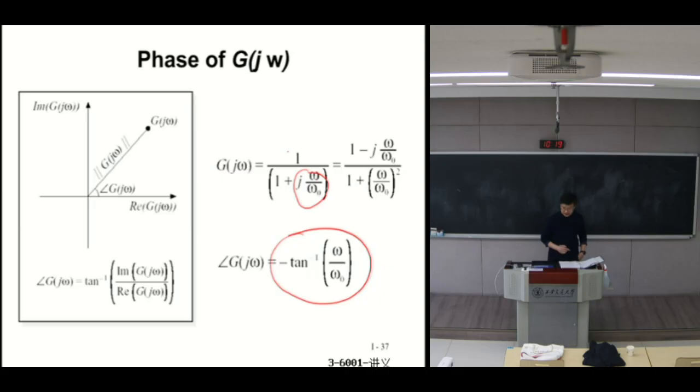So therefore, the transfer function is just 1. Therefore, the phase angle is going to be approaching 0 degrees. But when you deal with high frequency, when omega is much higher than omega 0, the second item is going to be quite large, much larger than 1. So the 1 can be neglected.